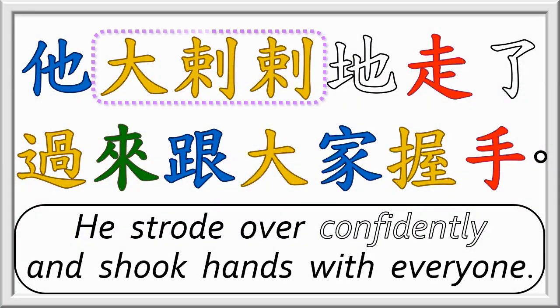This character is often used for its sound, the gusting of the wind, for example, or describing bold, brash, or very self-confident movement and attitude. 他大剌剌地走了过来，跟大家握手. He strode over confidently and shook hands with everyone.